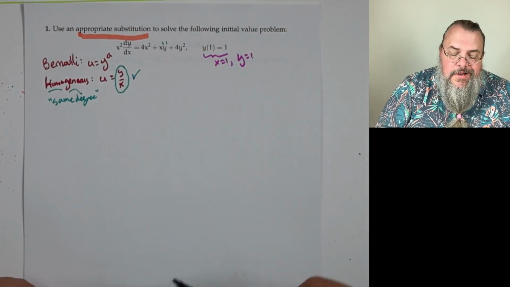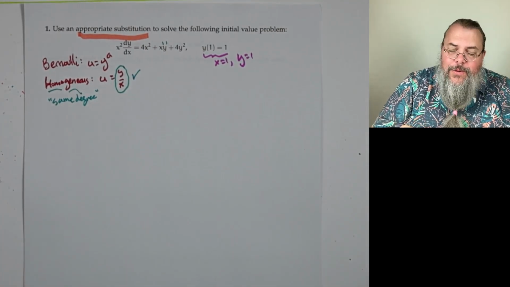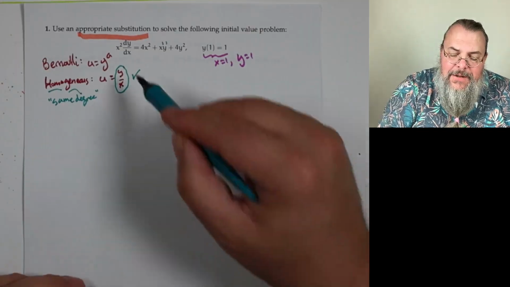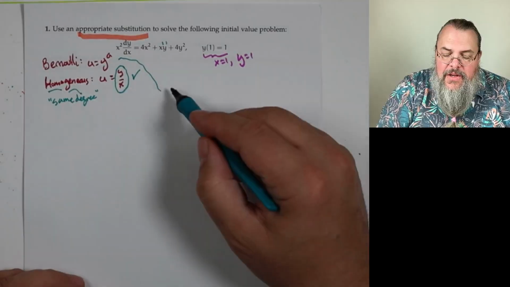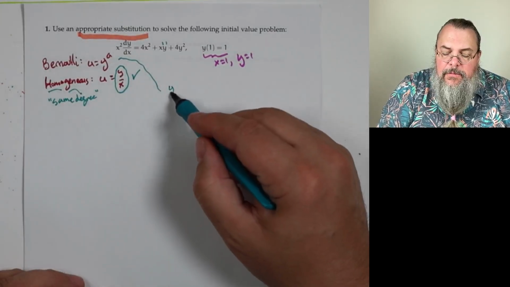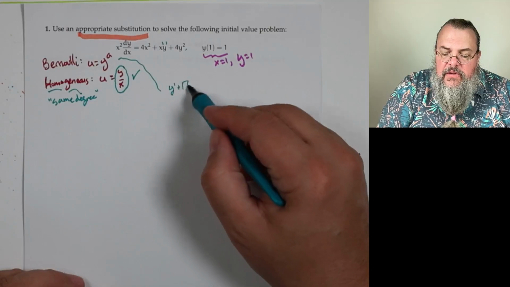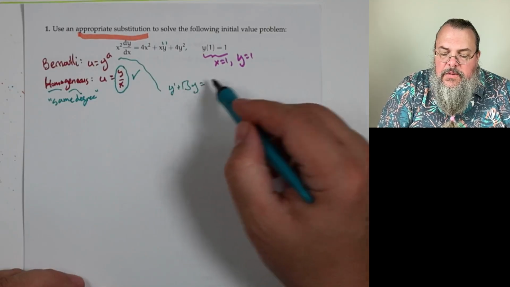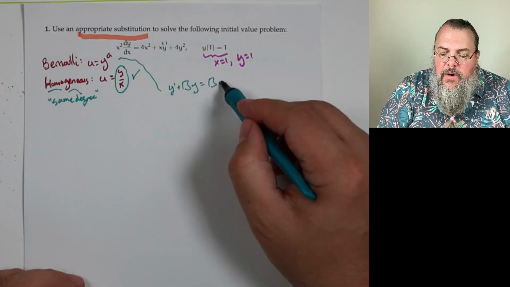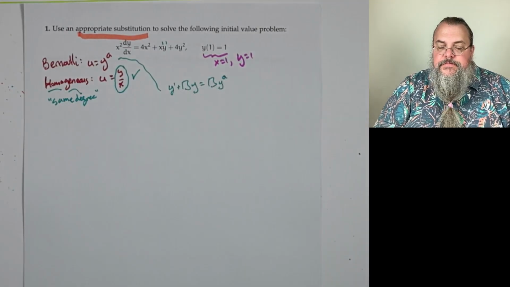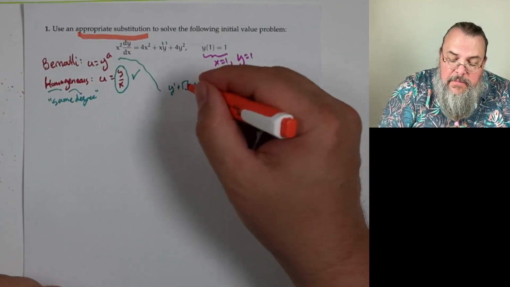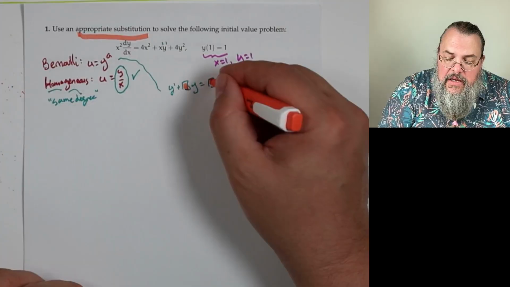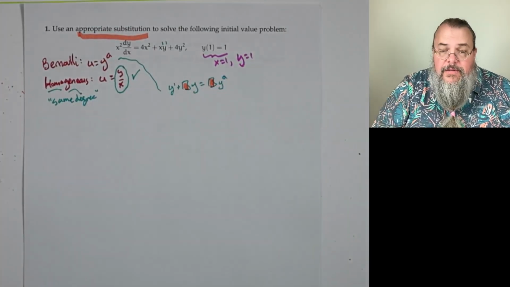Now you might say, wait, hold on. What about Bernoulli? What is that? Well, Bernoulli has a very, very particular form. So Bernoulli says, look, I have y prime plus stuff y equals stuff y to the a. All right? And I haven't filled in the boxes, but the boxes just say, some function of x.